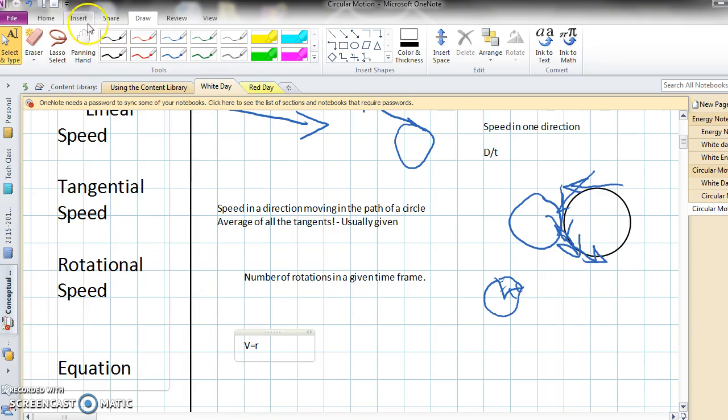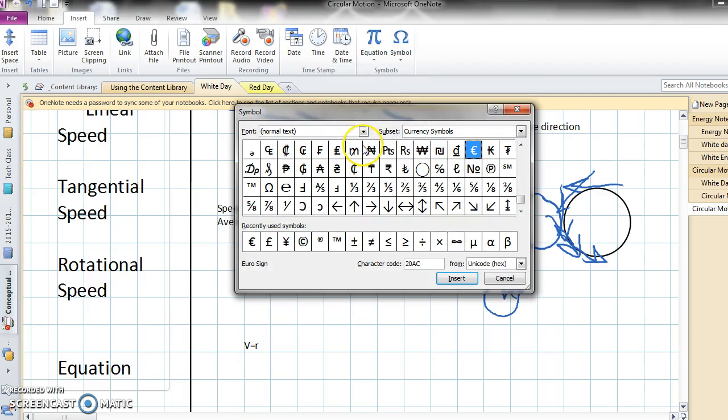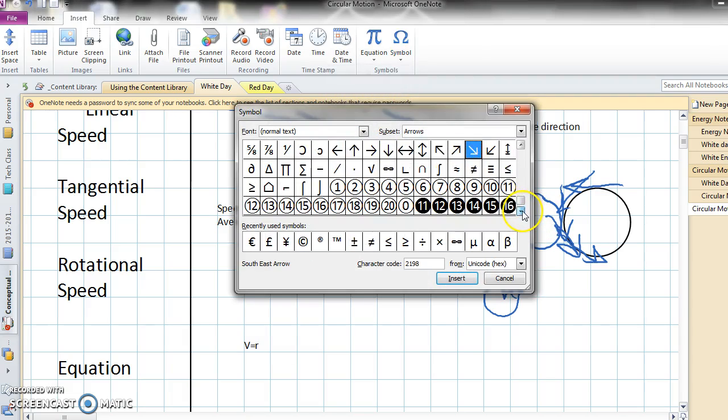I wonder if I can find that symbol real quick. I'm not going to spend a lot of time. The omega is a weird looking W symbol.